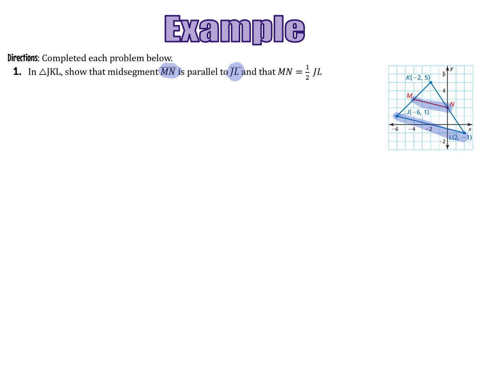So what we can do is we can actually just find the slope of MN by counting the rise over the run. And we can find the slope of the other segment, JL, which doesn't look labeled on here, so let's add that. We can find the slope of JL, and we can compare them.